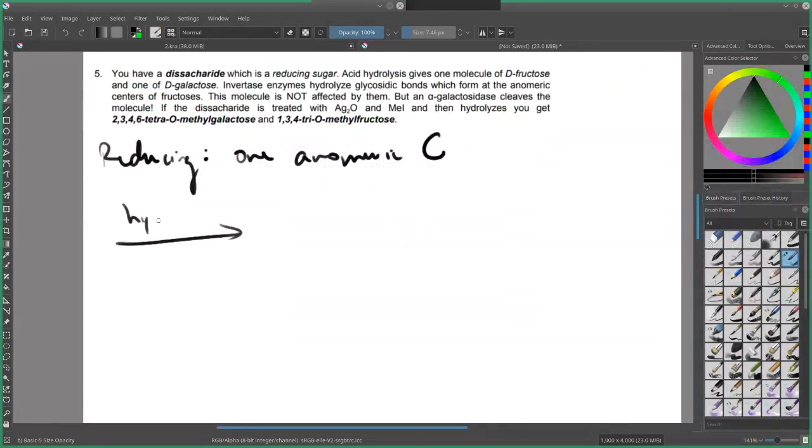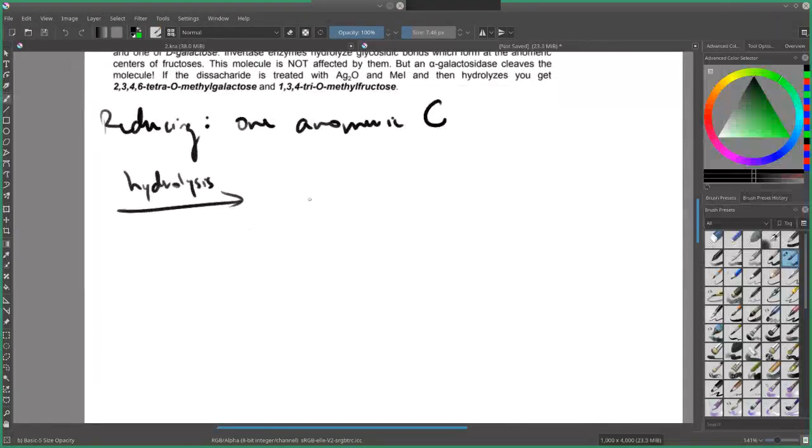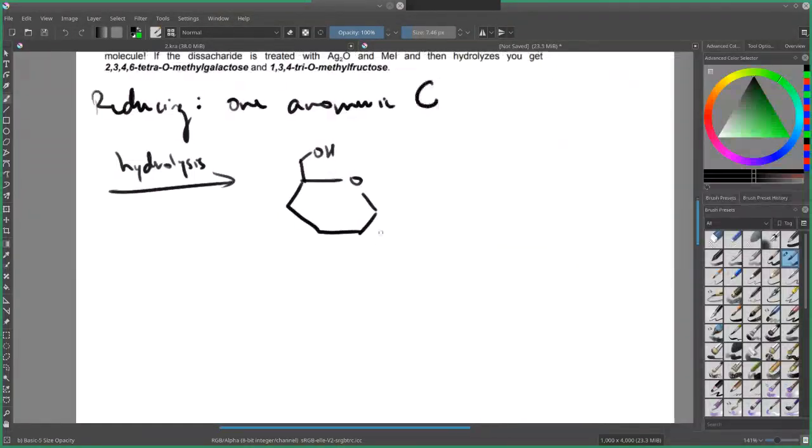So if we do hydrolysis, then galactose is pretty similar to glucose. See this, just this one carbon is flipped compared to what glucose is.